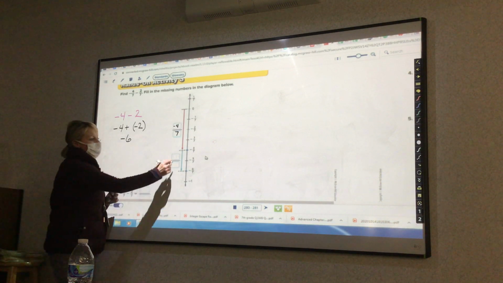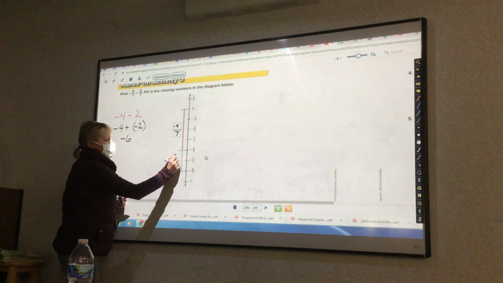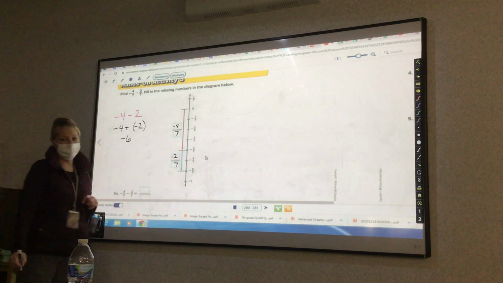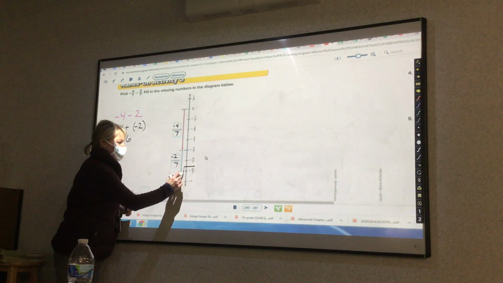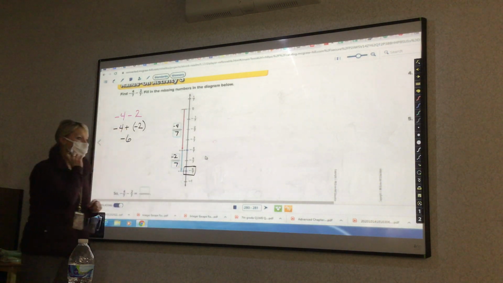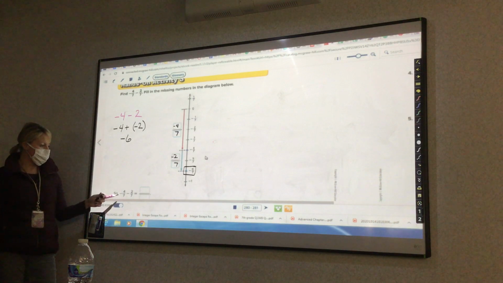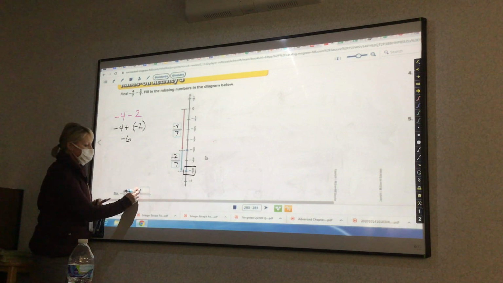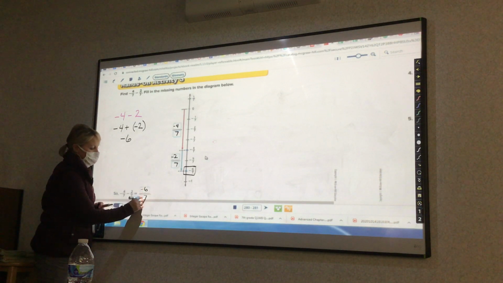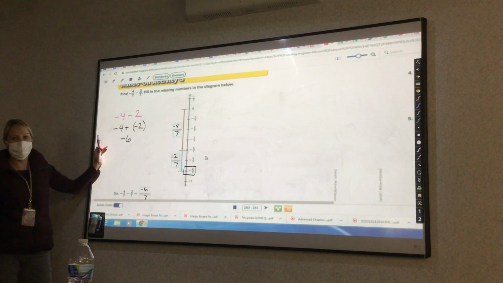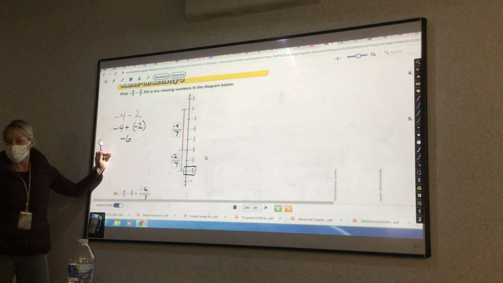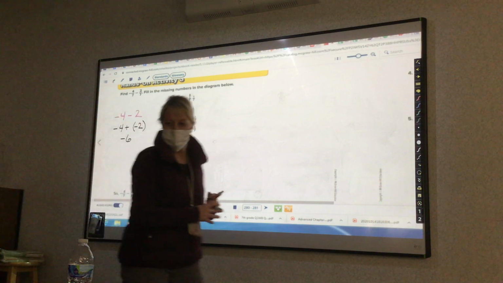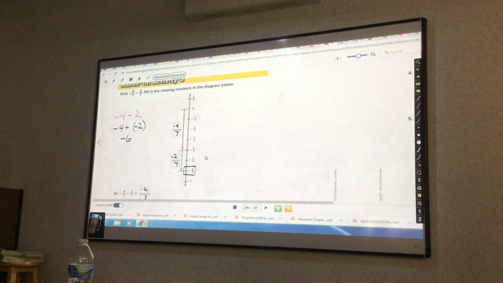And I'm going to go down 2 sevenths. And I'm going to circle my answer, or put a box around my answer. So negative 4 sevenths minus 2 sevenths is negative 6 sevenths. But I'm also showing it here with just looking at the numerators. All right, let's take a look at the next page.